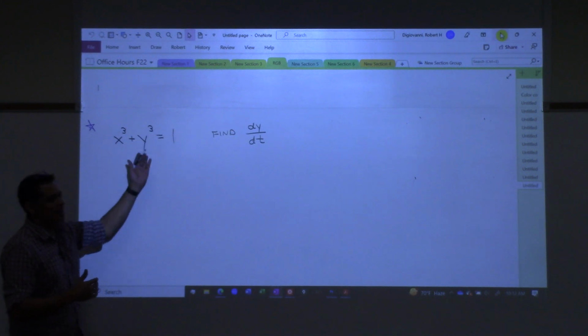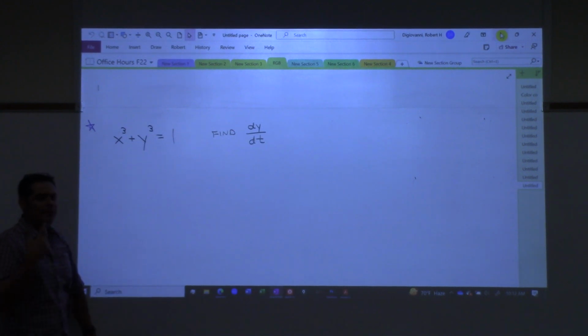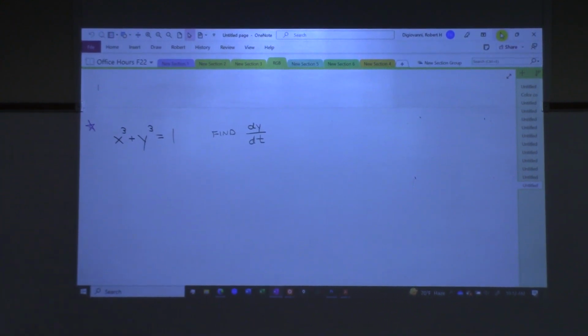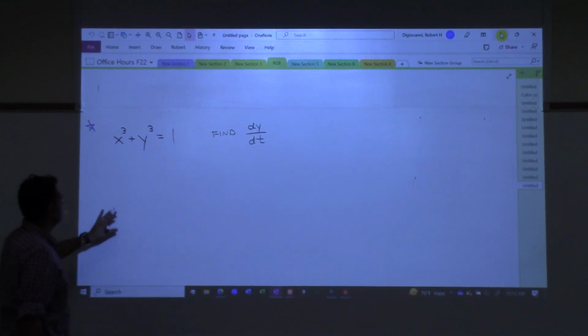But there's no t in here. So what we have to imagine is that t is like a clock in the background, and you've got some motion going on and a clock running. We're trying to figure out, at a certain instant in time, how fast y is changing. You'll see. Let me just crank it out.